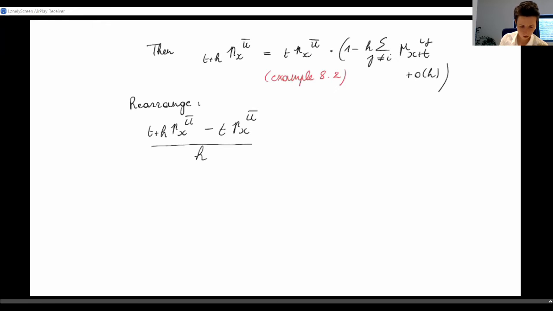Then that's equal to minus tpx I bar multiplied with the sum over j different from I of mu x plus t ij, plus little o of h divided by h. Notice that the h disappears because I've got the h over here and I'm dividing by h, so I'm left with this expression.